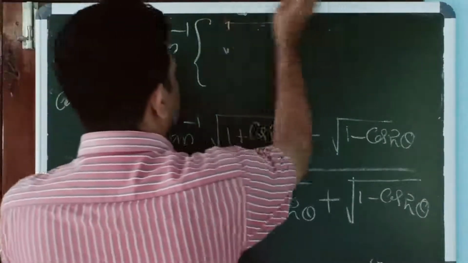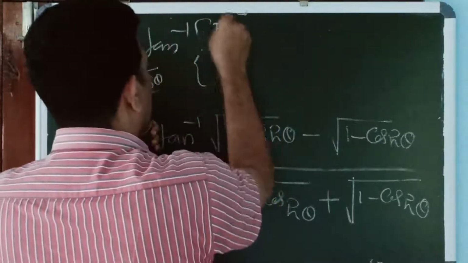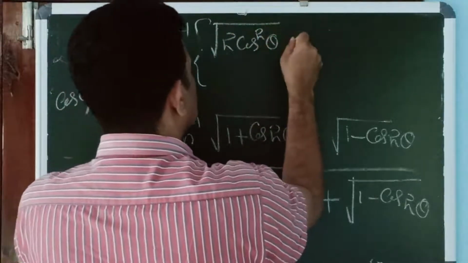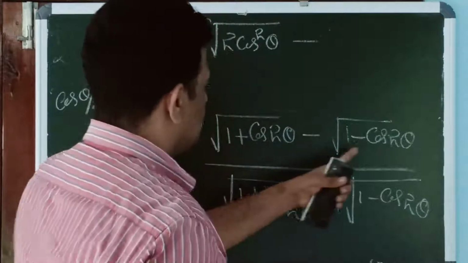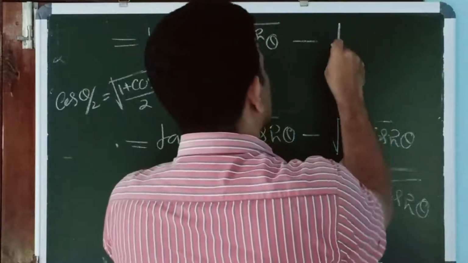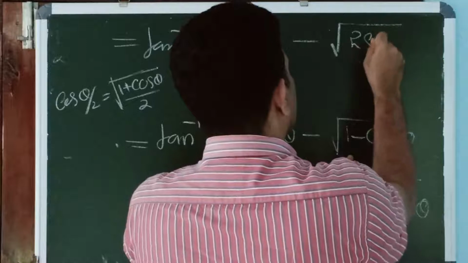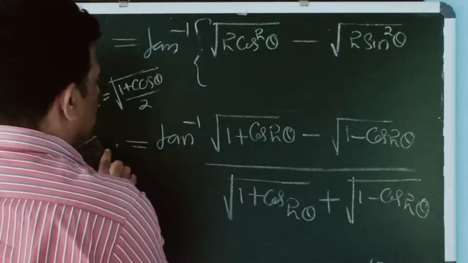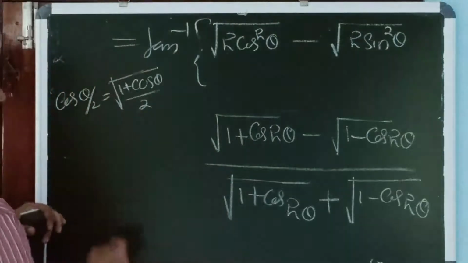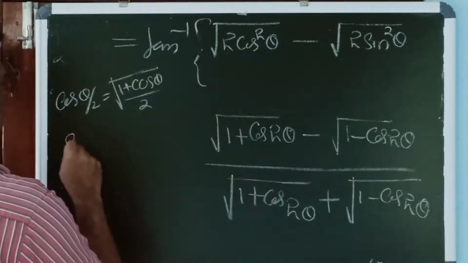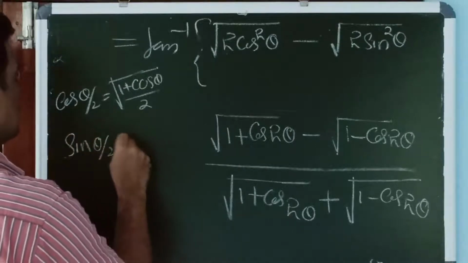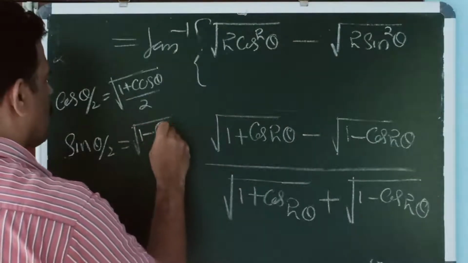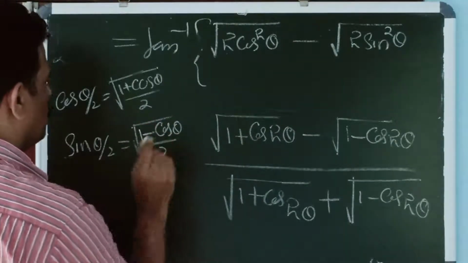Therefore, it is the square root of 2 cos square theta minus, similarly we can write it is 2 sin square theta, because sin theta by 2 is equal to the square root of (1 minus cos theta) divided by 2.